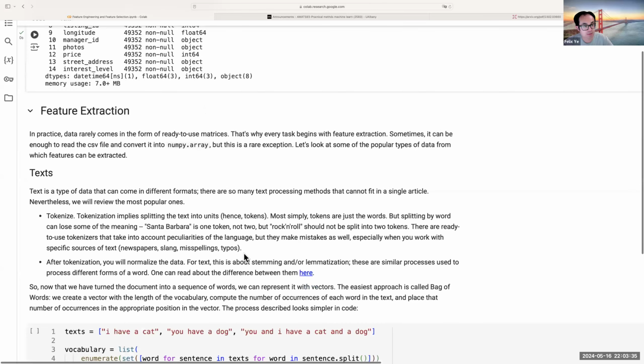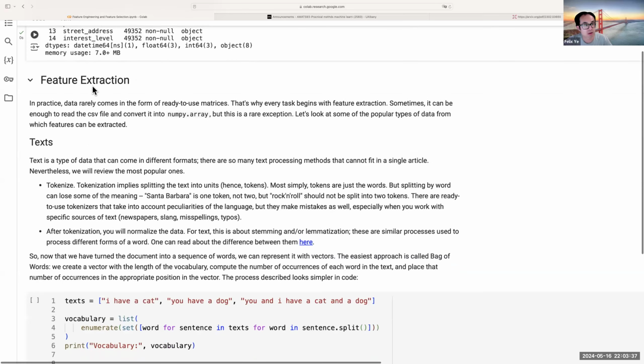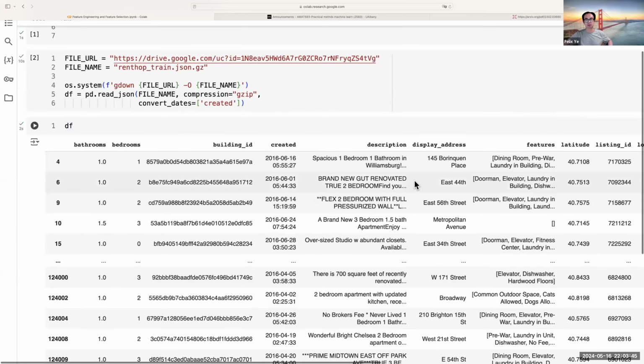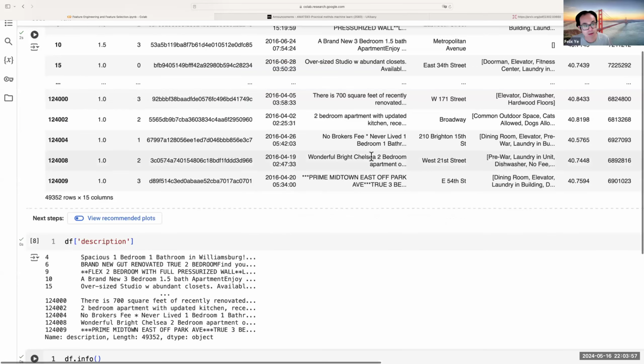The first thing that is very important is that we need to extract features. We want to take advantage of these features and other features as much as possible. For example, the descriptions for those rental homes may have a lot of rich information, but we need to extract it out.